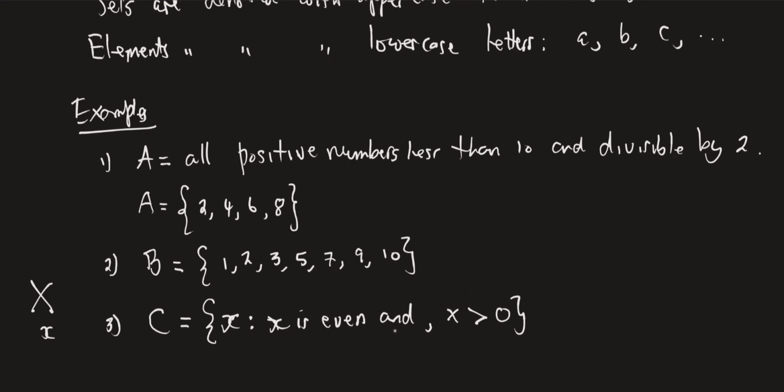So x is even and greater than 0. So all of these are examples of ways that you can define sets. You can define them with a verbal description. You could define them by listing the specific elements in the set separated by commas. Or you could give this kind of set builder notation where you say, okay, it's a set of all variables x, but then x has to satisfy whatever conditions here, and there could be multiple conditions, right?